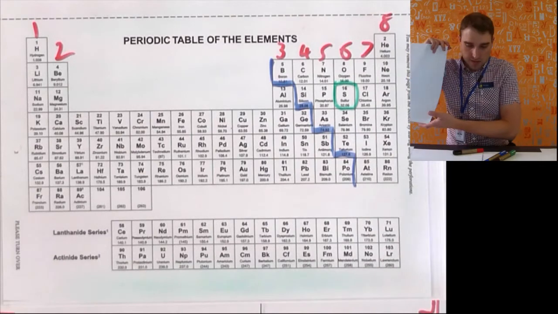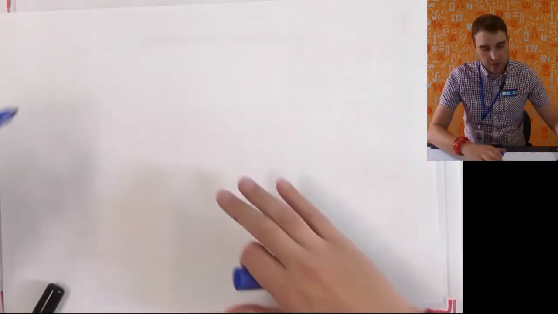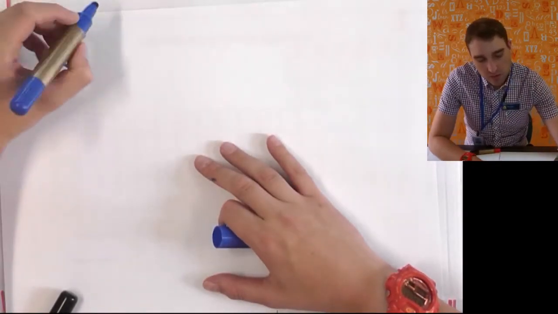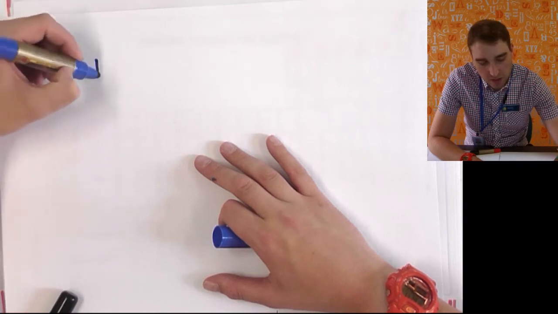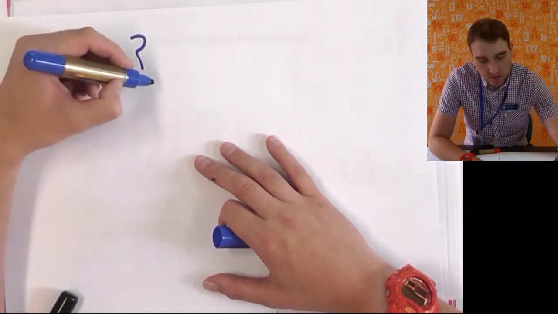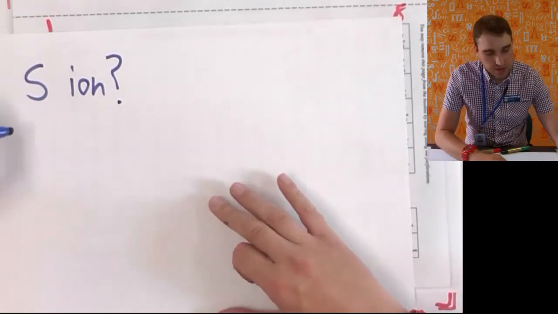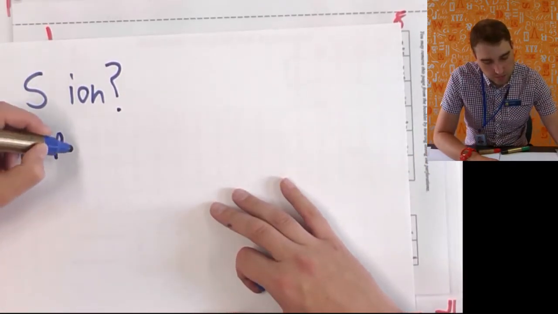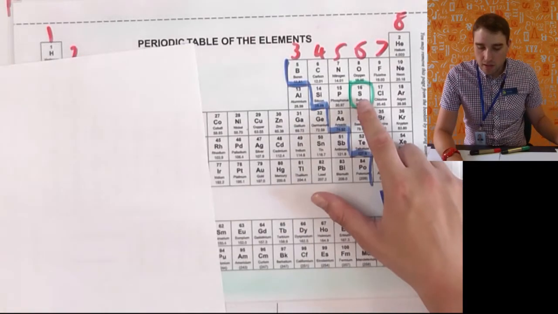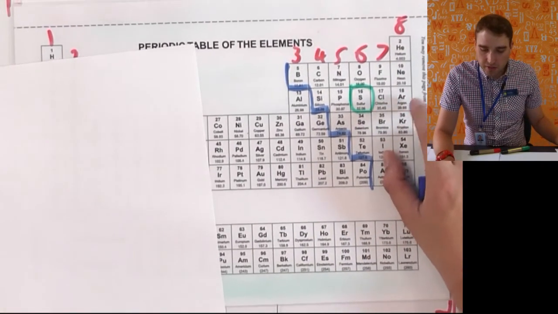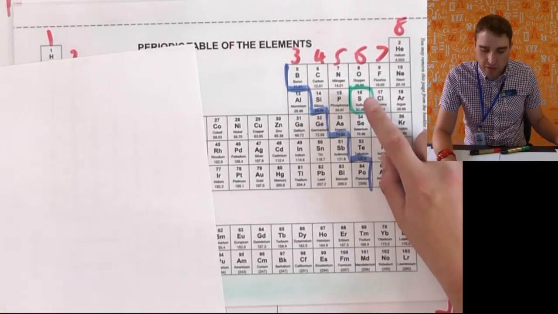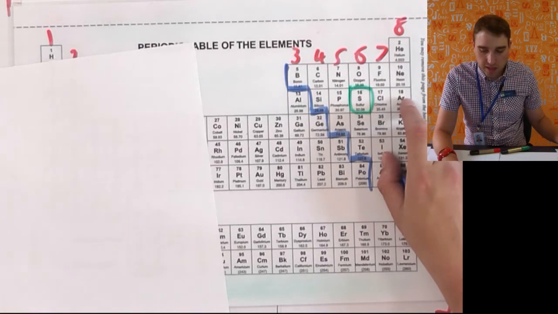On a blank piece of paper, put sulfur. So we're trying to figure out what is the sulfur ion. So what's the sulfur ion? Look on the periodic table. Sulfur's got 16 protons. Right? It wants to have a stable number of electrons, so it's going to get an extra few. It's in group 6, so it wants to be up here.